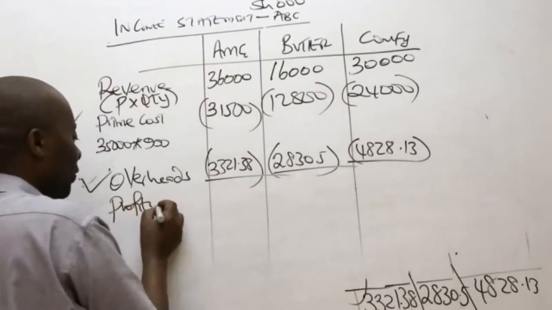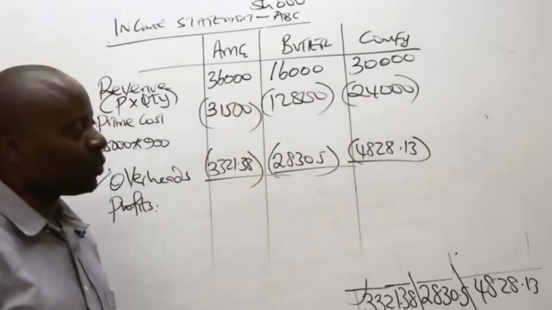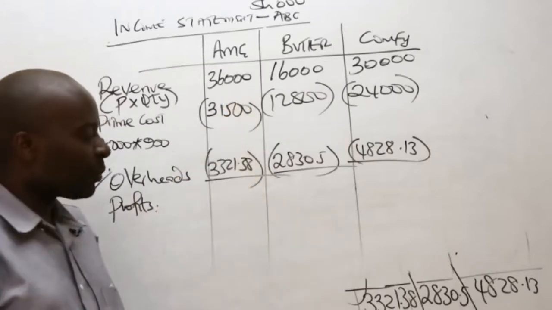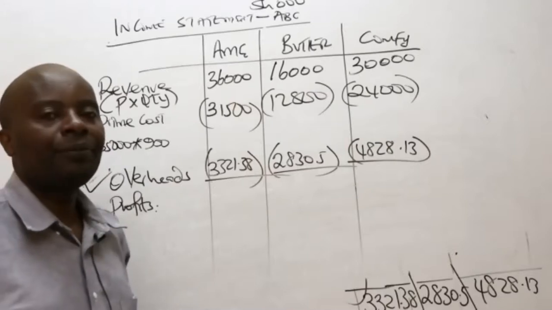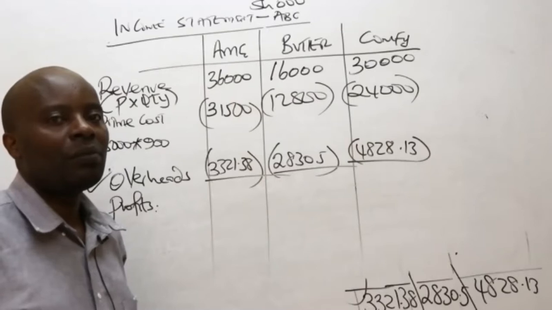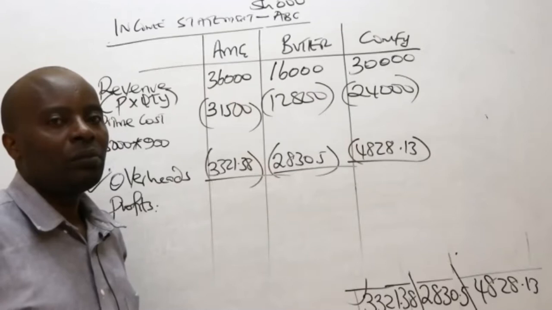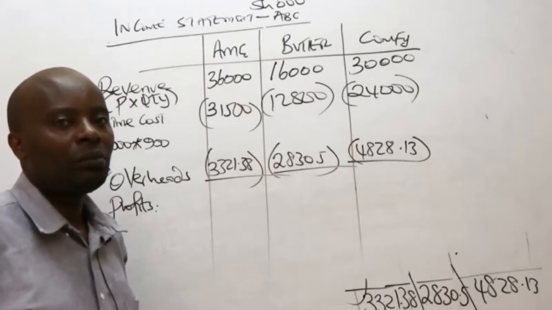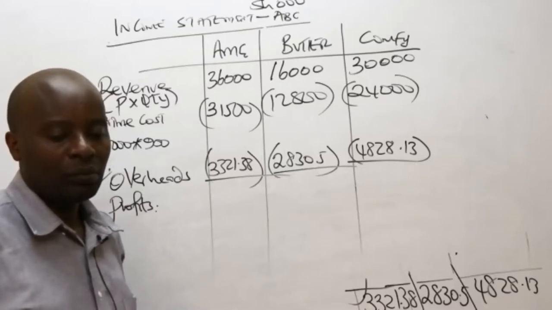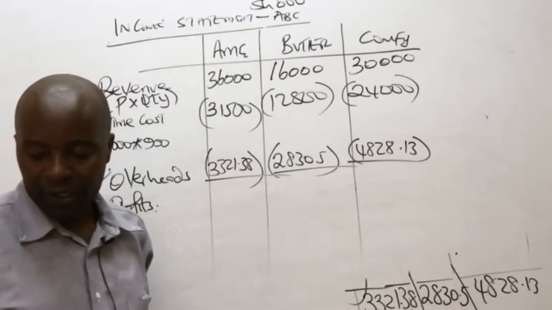For you to be able to give us our net profits, American will be revenue minus all the expenses. Revenue minus all the expenses. Please give us a figure.